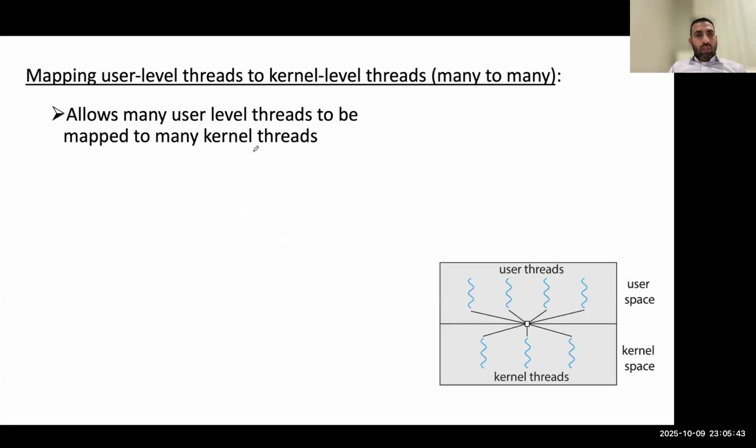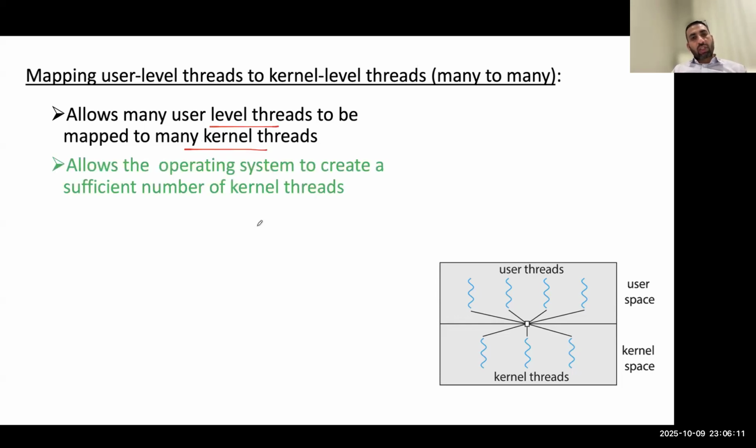Okay, so another option is many to many mapping. So basically, multiple user level threads are mapped to multiple kernel level threads.